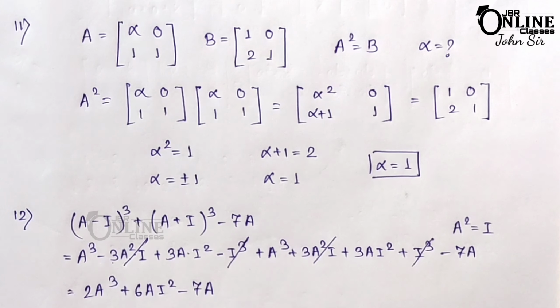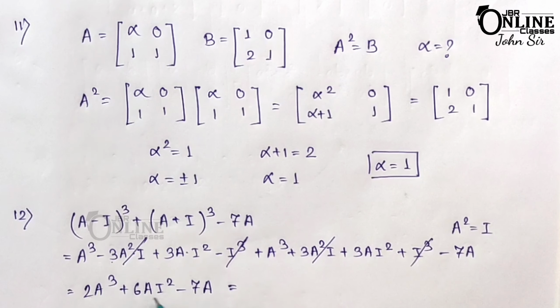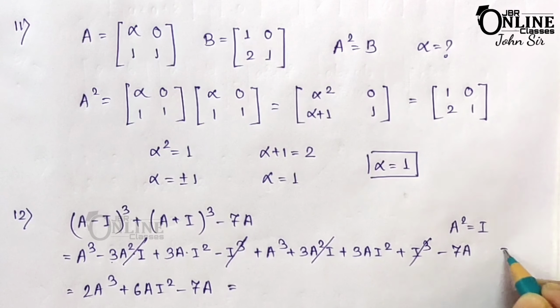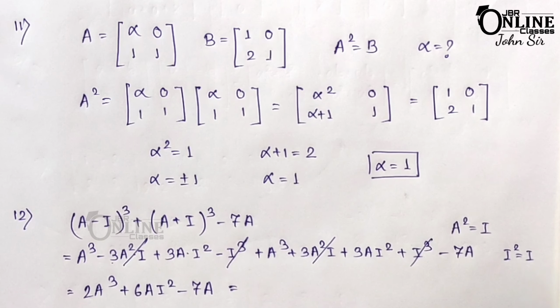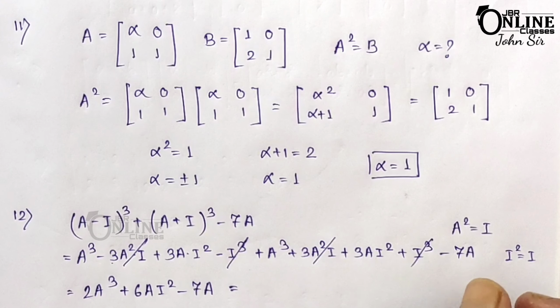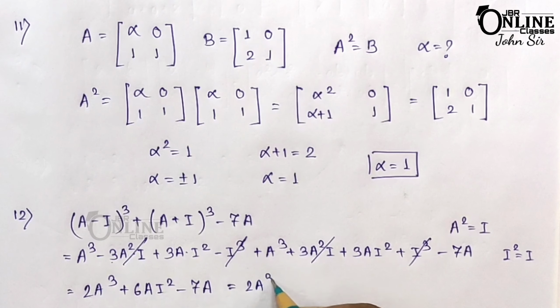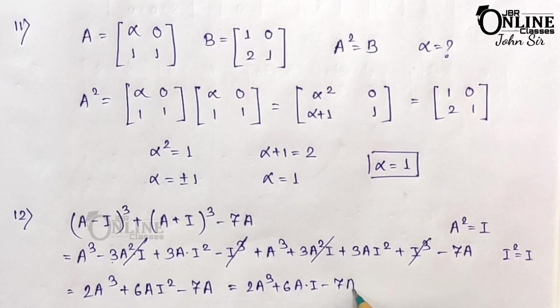Clear? Okay, so now as here 6A I square, you know that I square equal to I. Okay, that means an identity matrix, if you multiply two identity matrices, it will be an identity matrix. Okay, so this one equal to I, so you can write down here 6AI. So 2A cube plus 6AI minus 7A.